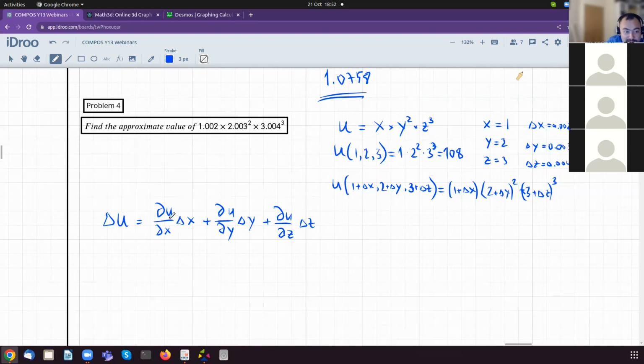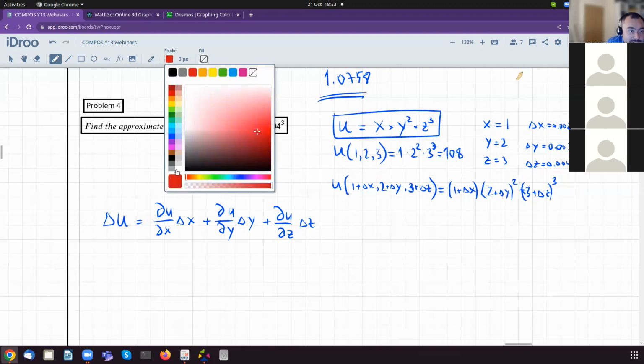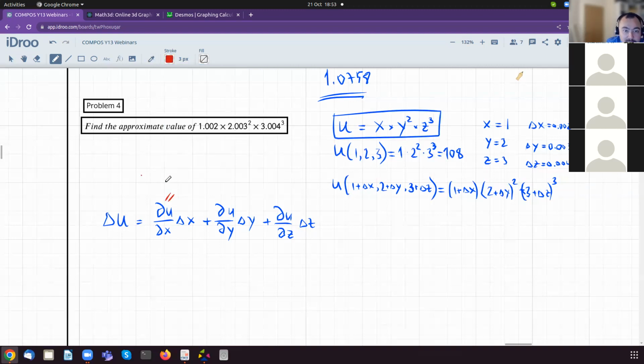So we need to find du dx. This is the function that we started with. du dx is y squared z cubed. du dy is 2xy z cubed, and du dz is 3xy squared z squared.